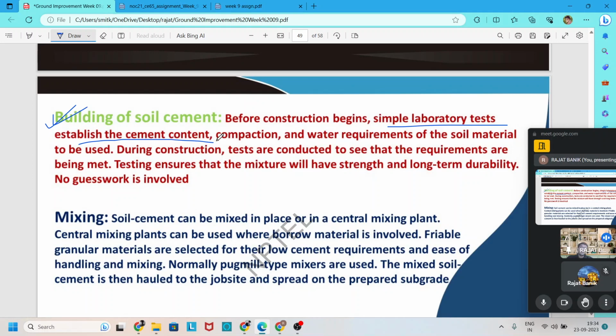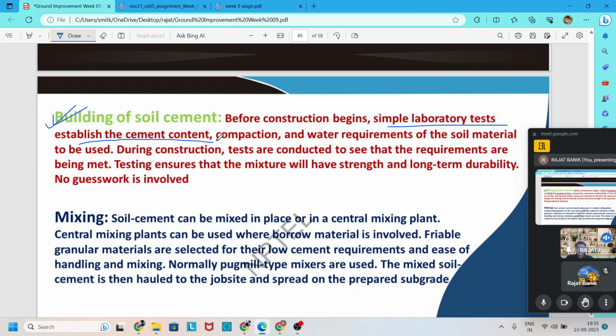During construction, tests are conducted to see that the requirements are being met, and testing ensures that the mixture will have strength and long-term durability. No guesswork is involved. That means to find out the cement content, compaction energy, and water amount, we first conduct some simple laboratory tests.